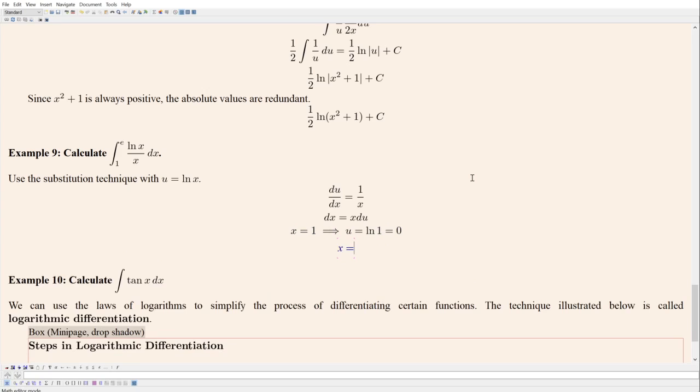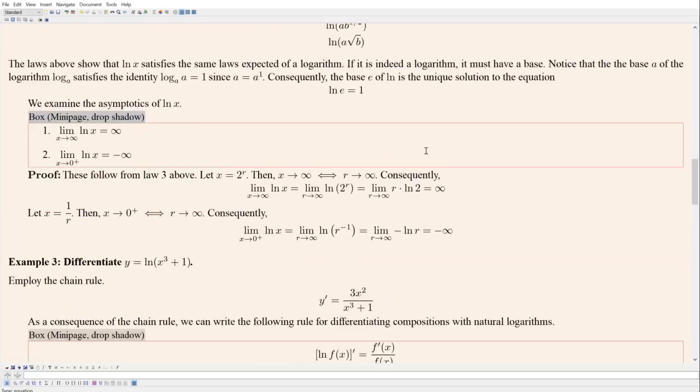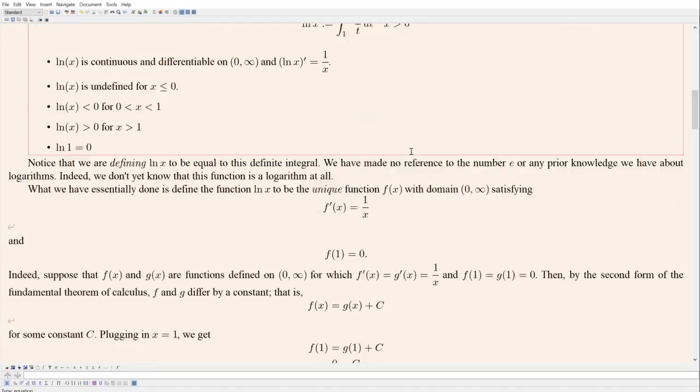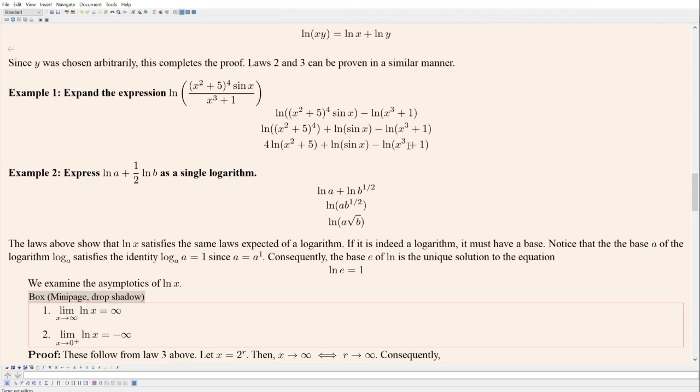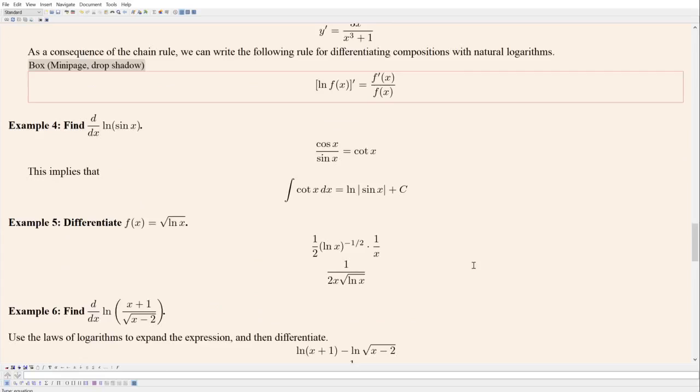When x is equal to e, that means u is equal to the natural log of e, and the natural log of e is 1, by definition, right? That's what we were saying up here. The natural log of e is 1, by definition.